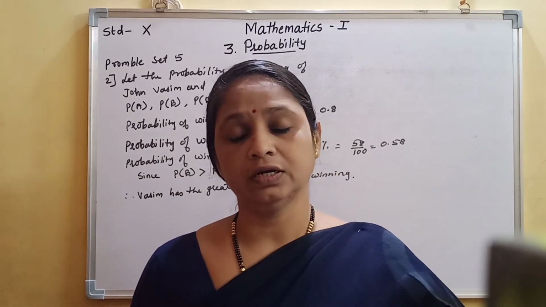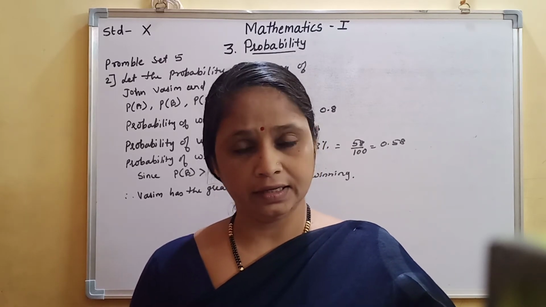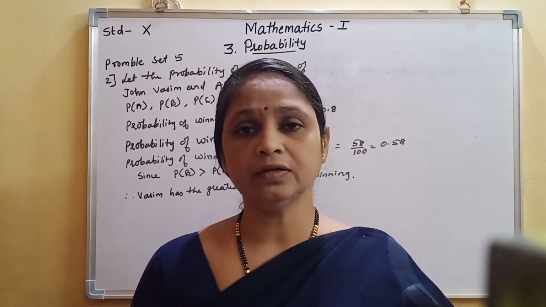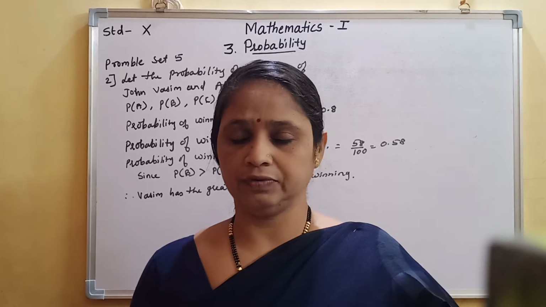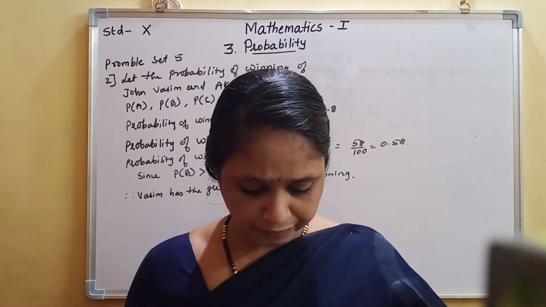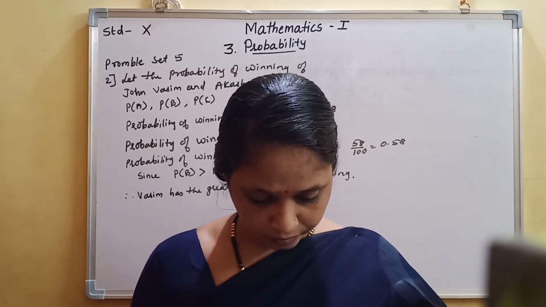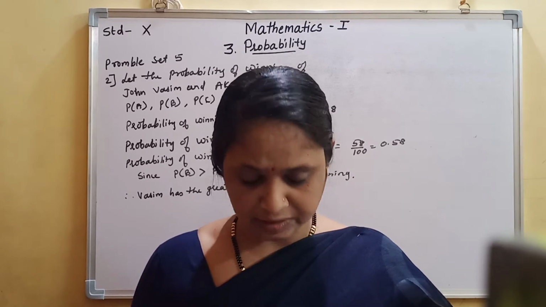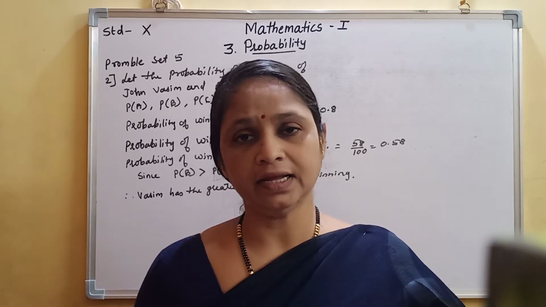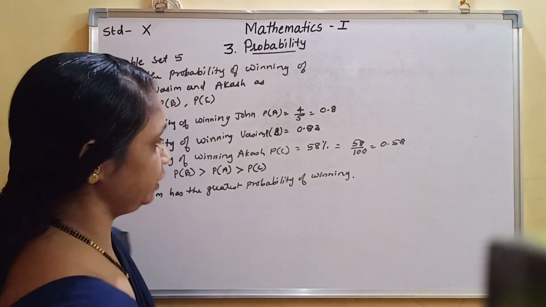The probability of selecting the goalie is 1 by 11. Next, they have asked about the defenders. The number of defenders is 6, so the probability will be 6 by 11. Okay, so we'll write this.